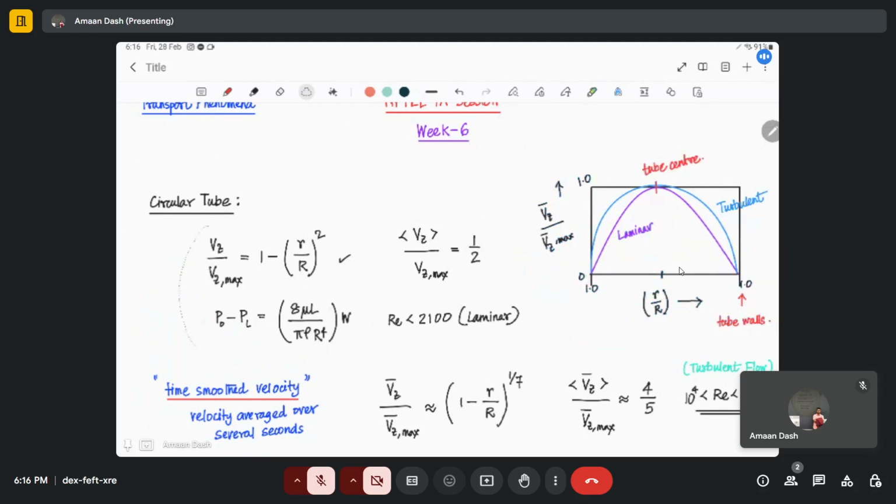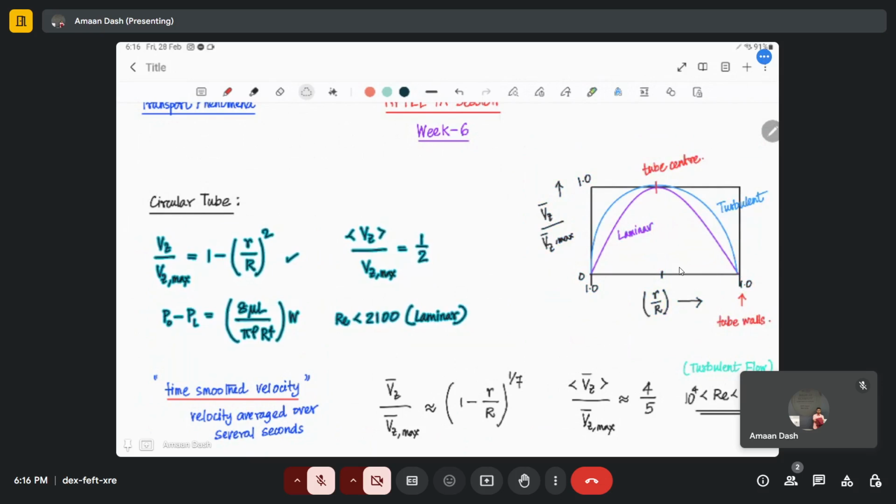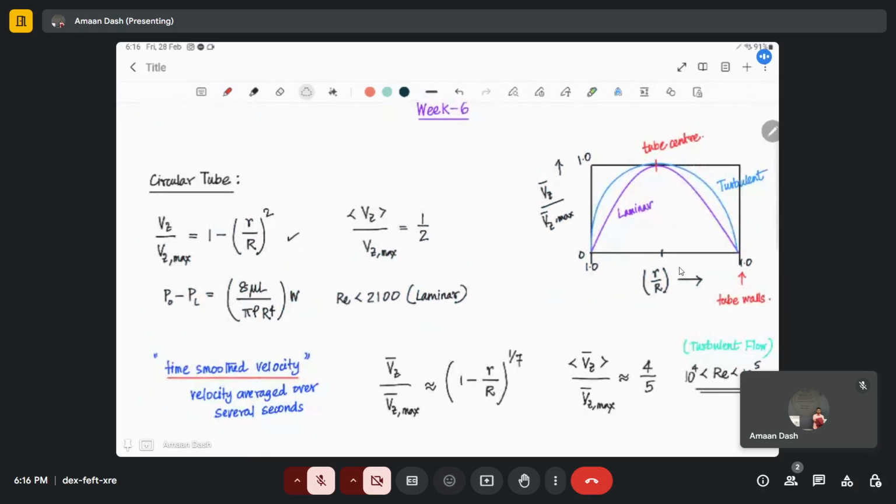I think now it is better. So I think you can understand how different both laminar and turbulent flow can be.